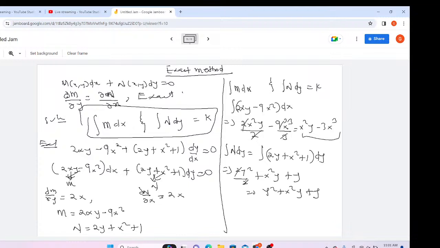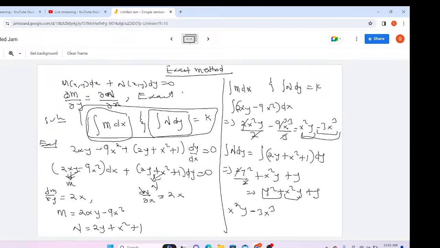So with the combination, we integrate M with respect to x and combine it with integrating N with respect to y. I have x squared y here. You check the other part. Do you have x squared y? Yes, so I'll just pick one of them. I have negative 3x cubed. I don't have any x cubed here, so minus 3x cubed.